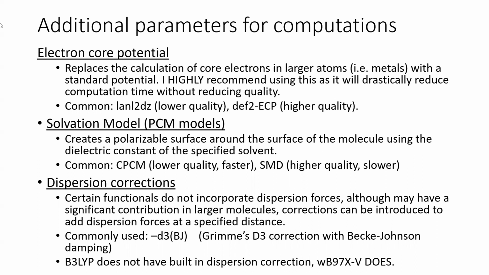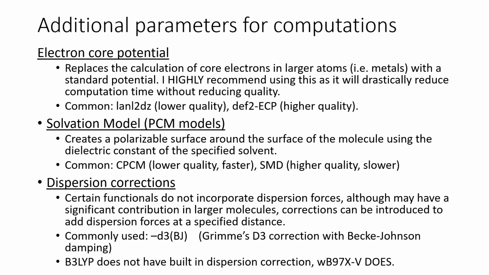So what this really is for larger molecules, say you want to use ruthenium, the electron core potential will, instead of calculating the electron energy of each electron in the ruthenium, including all the ones in the core of the atom, calculate those as a standard potential rather than trying to calculate the electronic state of each of those electrons.